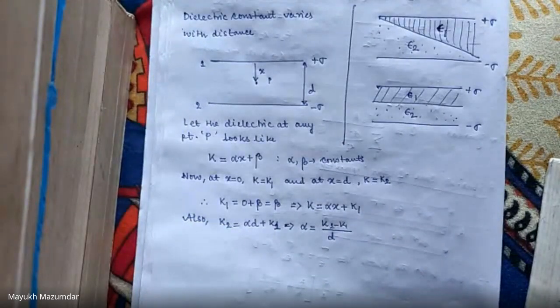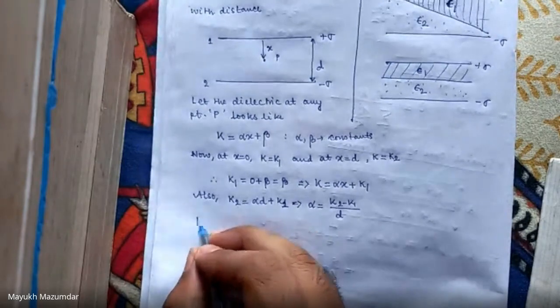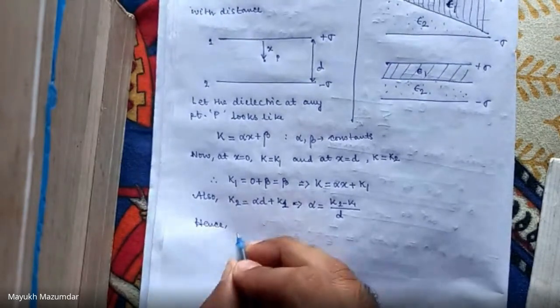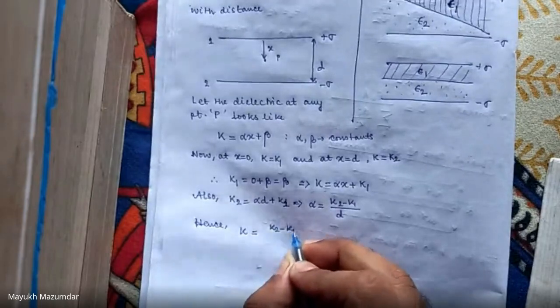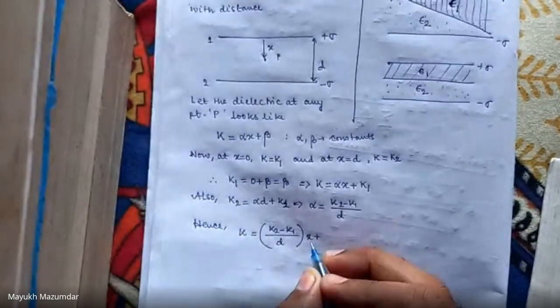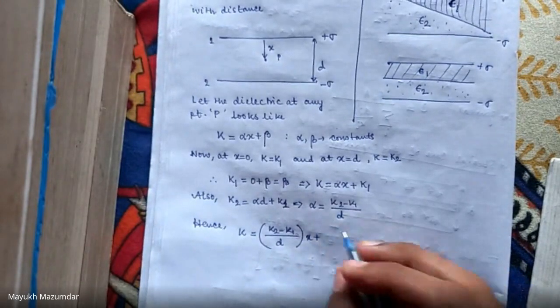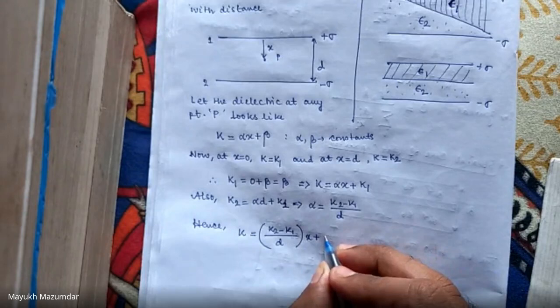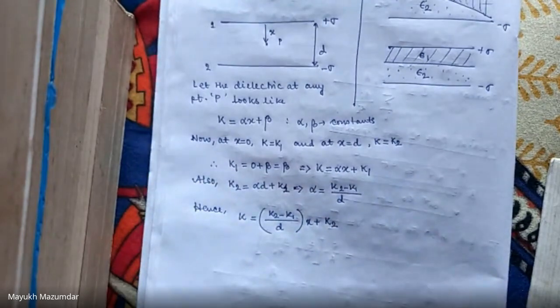So these are the values of alpha and beta. Hence our dielectric constant at any point looks like this.